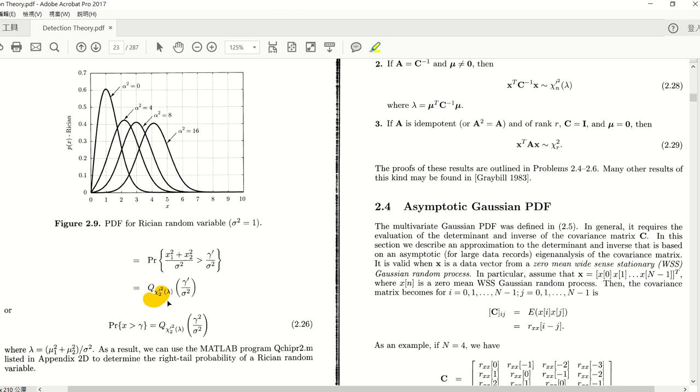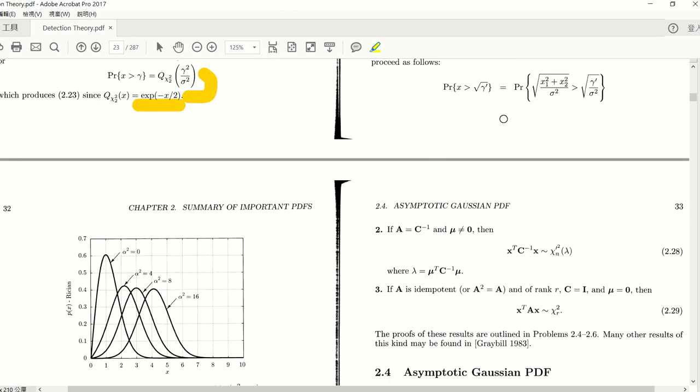So it will be the Q function of chi-square prime with lambda. Or if you like to write it this way, x larger than gamma equals Q. The difference is not a big deal, really.